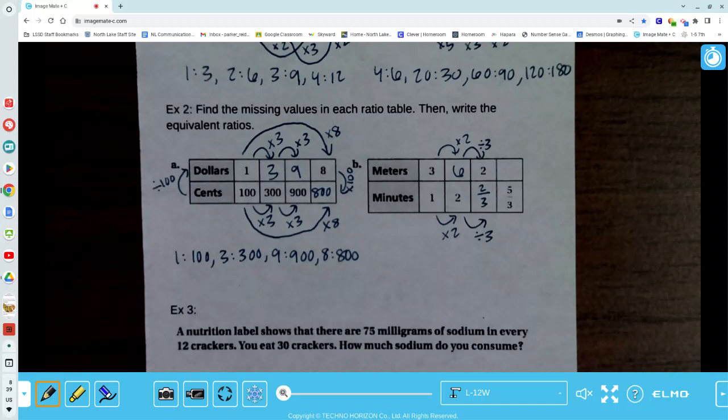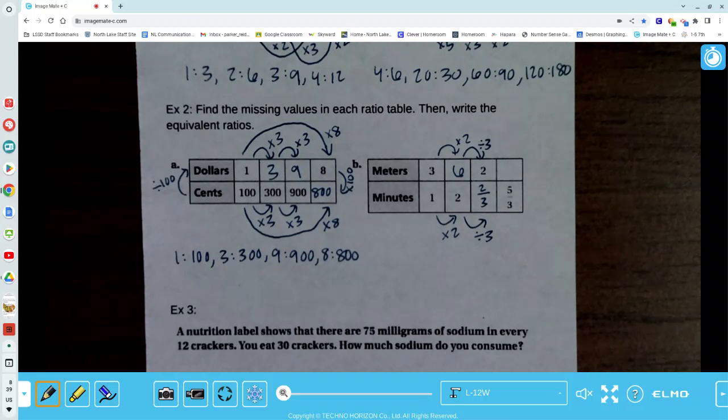All right, and last but not least, I need to get to 5/3. What seems like the easiest way to get to the 5/3? Which number would maybe be our best one to start with? Aubrey? We could. I actually think that's kind of tricky though, because trying to get 2 to 5 isn't that easy.